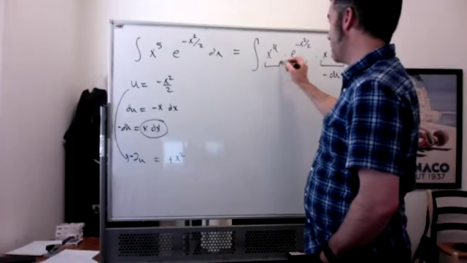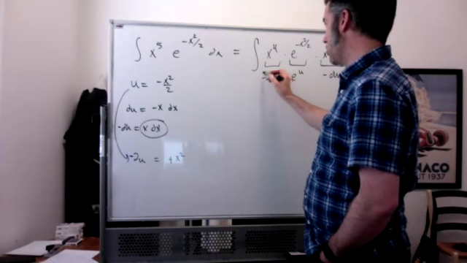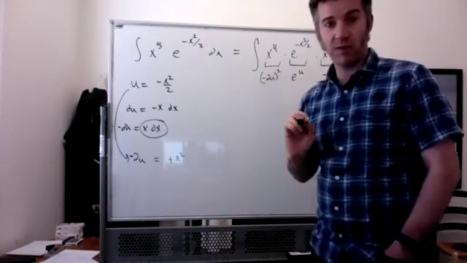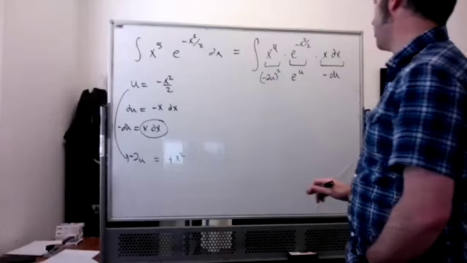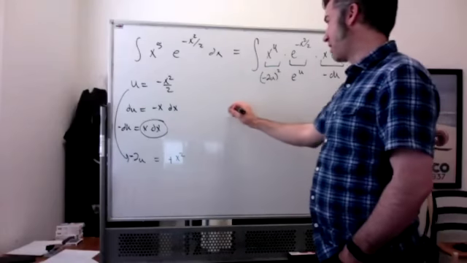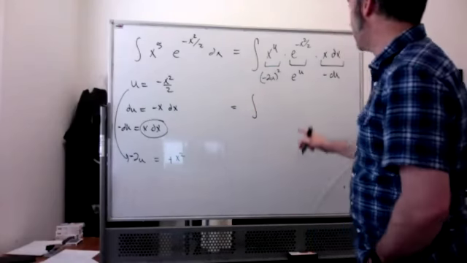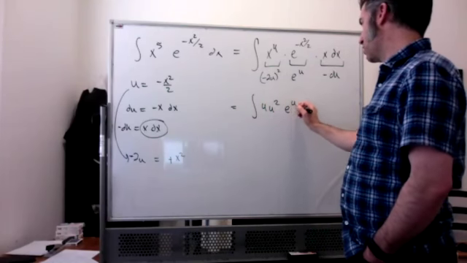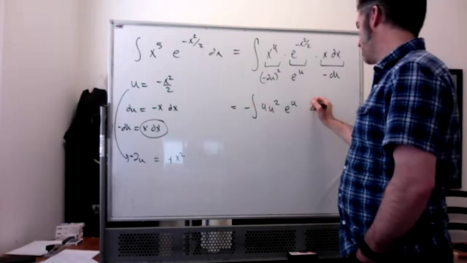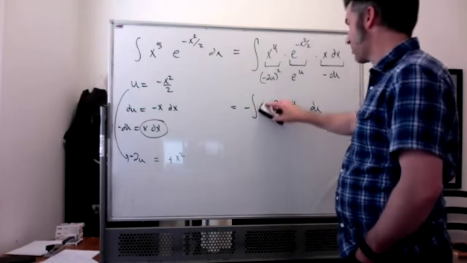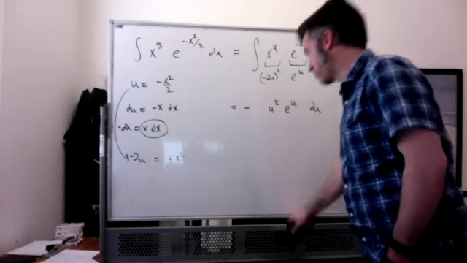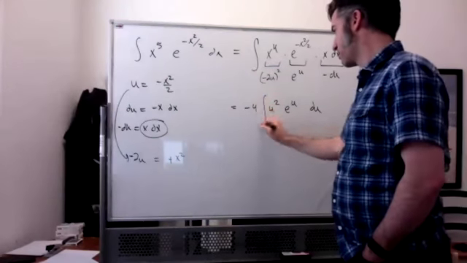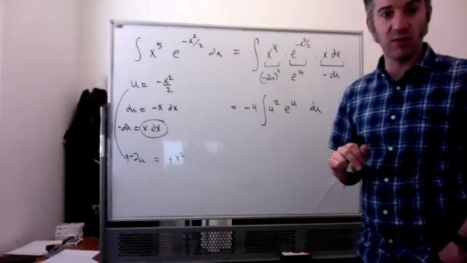So that's going to be negative 2u quantity squared. All right. This is a terrible problem. So then we're going to end up with the integral of 4u squared e to the u times negative du. Or negative 4 times the integral of u squared e to the u du.